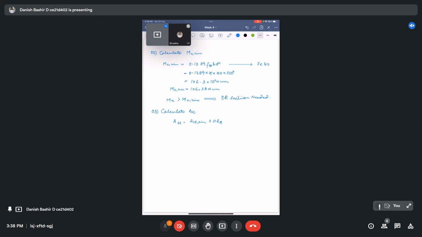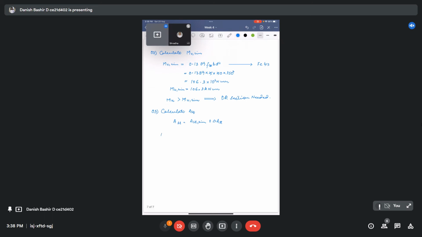We have to calculate delta AST, then from that we will calculate ASC. So we have to calculate AST first. Then we will calculate AST limiting and delta AST. We will get the total AST that we have to provide, first in the balanced section, and delta AST to the section containing the steel only.